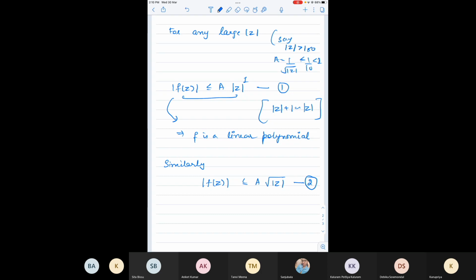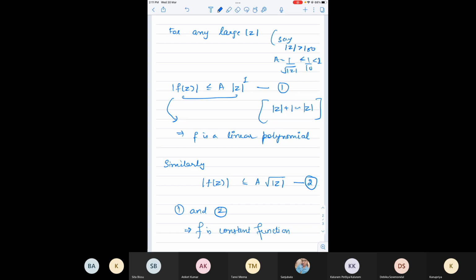And these two conditions, first and second, will imply that this function f is a constant function, because no linear polynomial can be bounded using the root function. Is it okay? From there, you can conclude that f is a constant function.